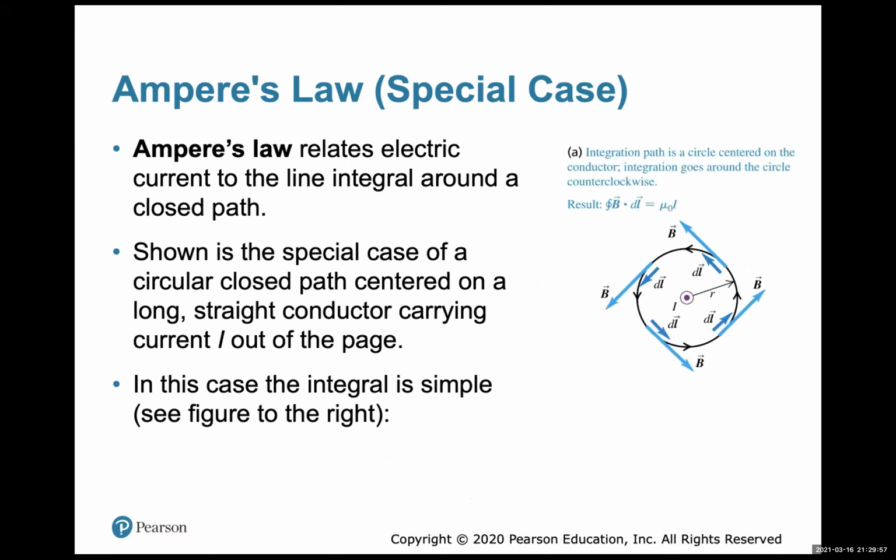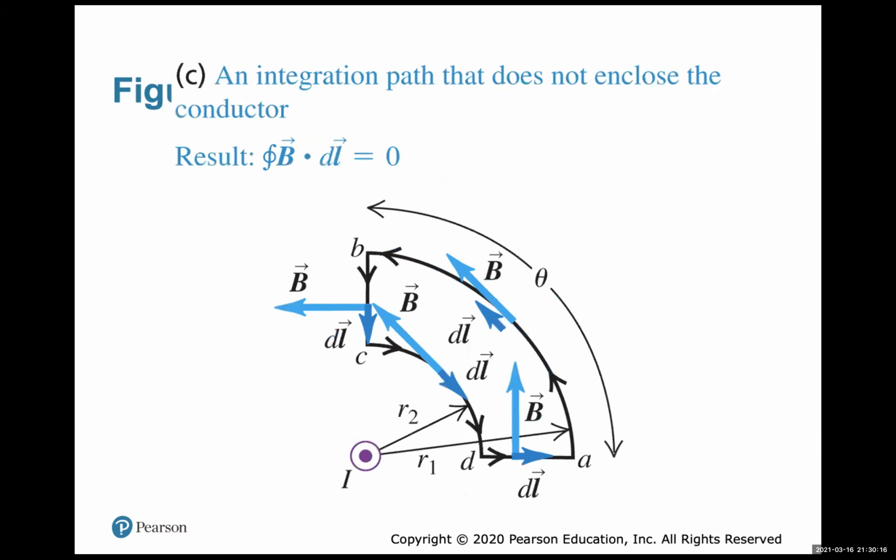Which means, I'm going to circle back to this statement. The path integral in a closed path is apparently related to the current that passes through the surface bounded by the path.